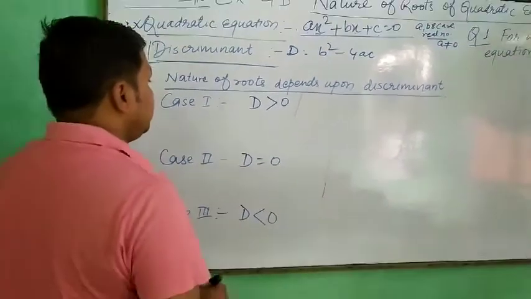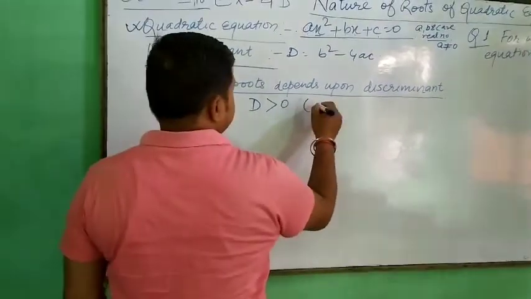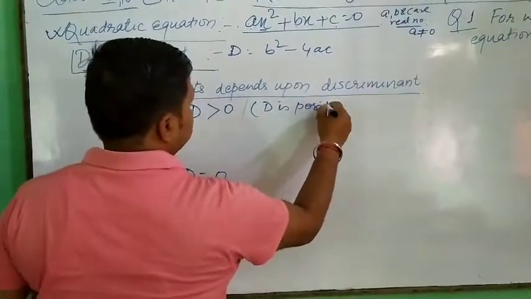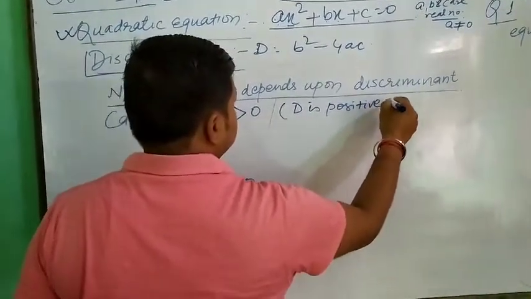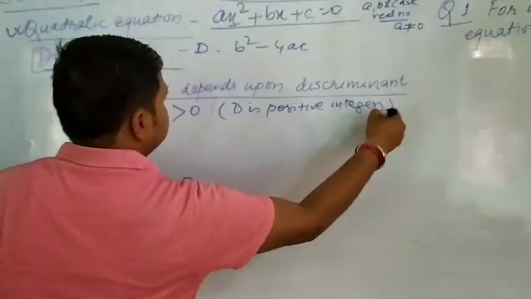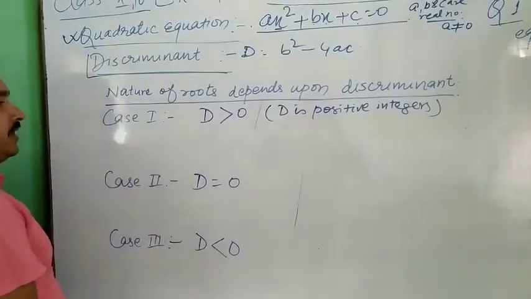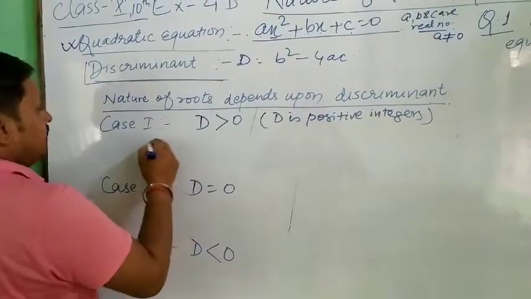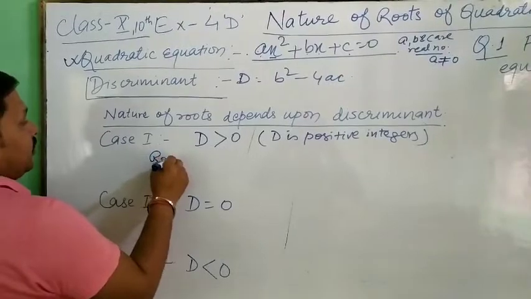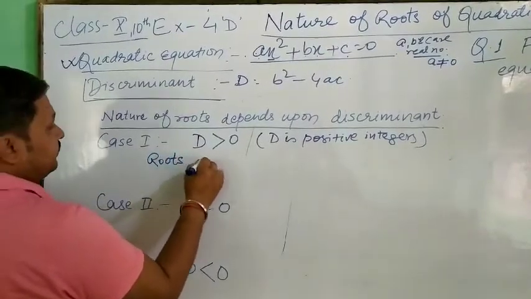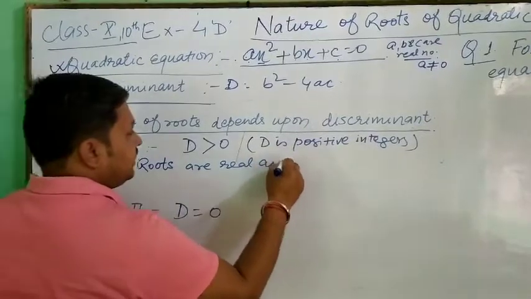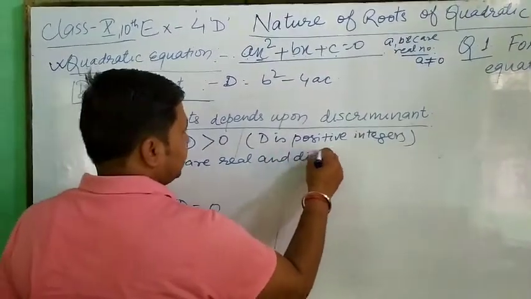In the first case, D is a positive number, so the roots are real and distinct.